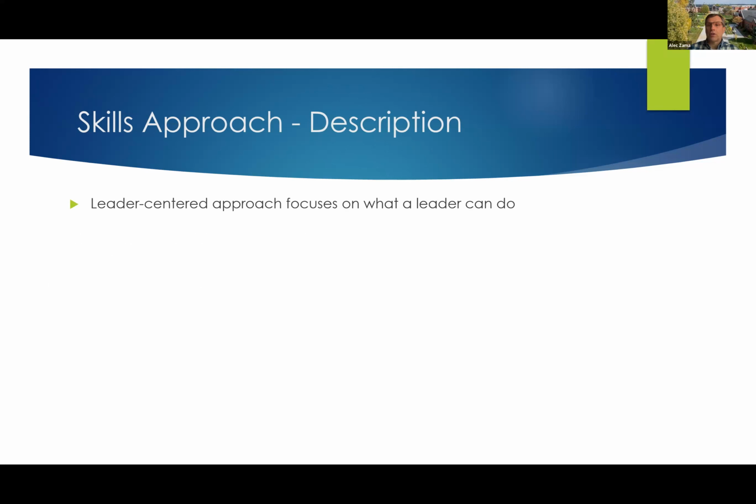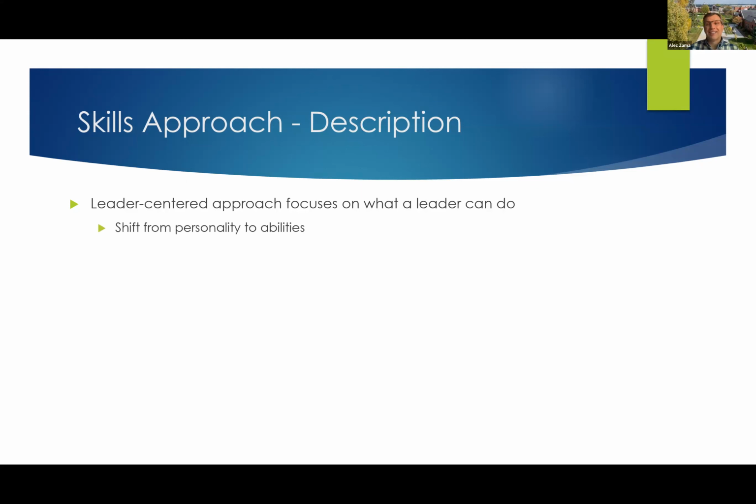The skills approach to leadership is similar to the trait approach in that it focuses on the leader. If you think about different components of the leadership process, this approach also focuses on the leader, similarly to the trait approach.